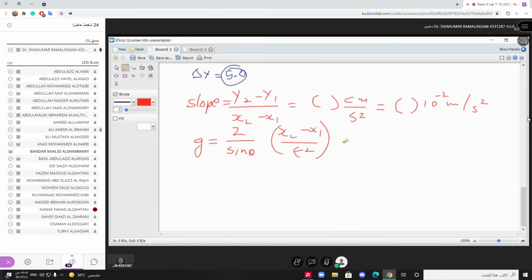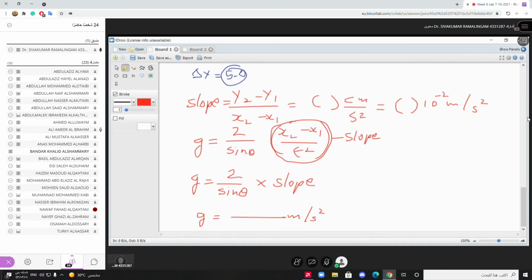Now come here. x2 minus x1 by t square, can I replace it by the slope? Now G equal to 2 divided by sine theta, where theta is the average theta value from the schedule 1, into slope. Now finally you will get the answer. Meter per second square is the unit of G.